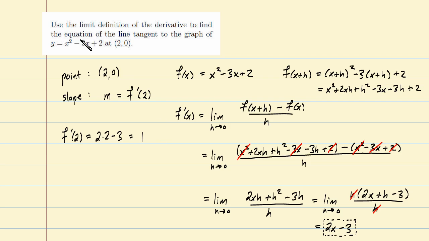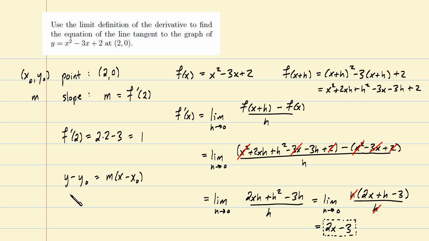So, how do I find the equation of a line that goes through the point (2, 0) and has slope equal to 1? Well, the easiest way to get there is through the point-slope form for an equation of a line. And if you recall, that is y minus y naught equals m times the quantity x minus x naught, where (x naught, y naught) is the point in question, and m, of course, is the slope.